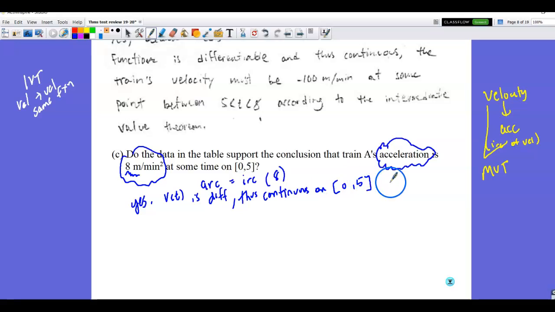So I've established the two conditions of the mean value theorem. Now I'm going to show the average rate of change. So I'm going to show 40 minus 0 over 5 minus 0 is equal to 8 is the average rate of change of velocity.